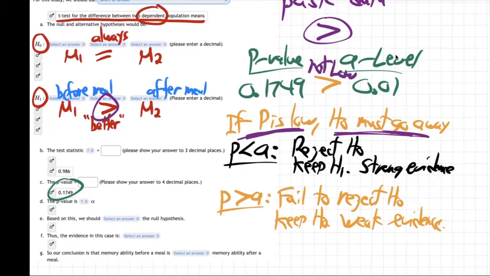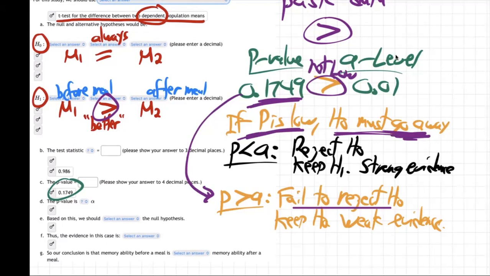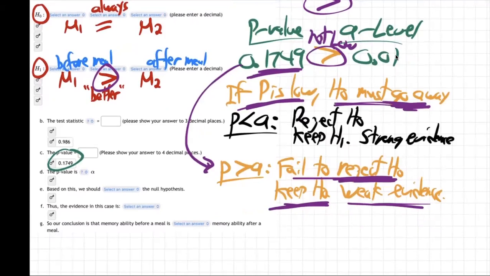Our p-value 0.17 is greater. So that means fail to reject H0, right? If the p-value is not low, then the H0 must not go away. Don't reject H0. Keep H0, weak evidence. So down here, we're going to say fail to reject the null. The evidence is weak.